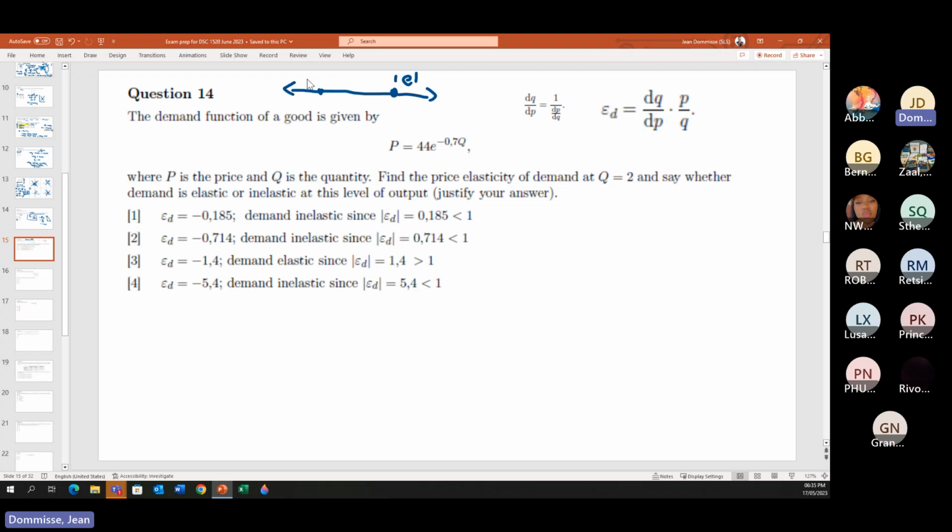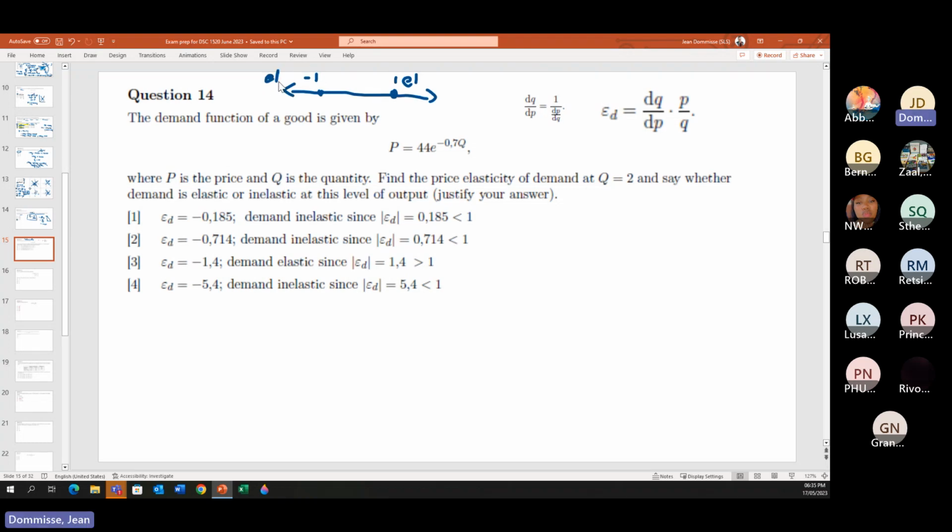If it is smaller than -1, it is elastic. If it is between those two, it is inelastic. So what I normally do is first, okay, yes, there are answers that we need to work through, but if it is smaller than -1, it's elastic.